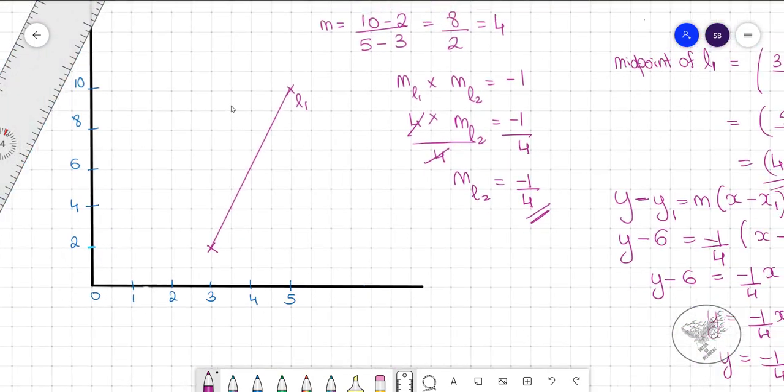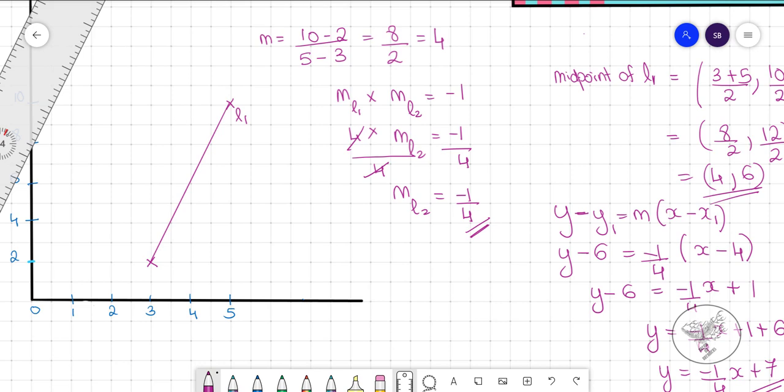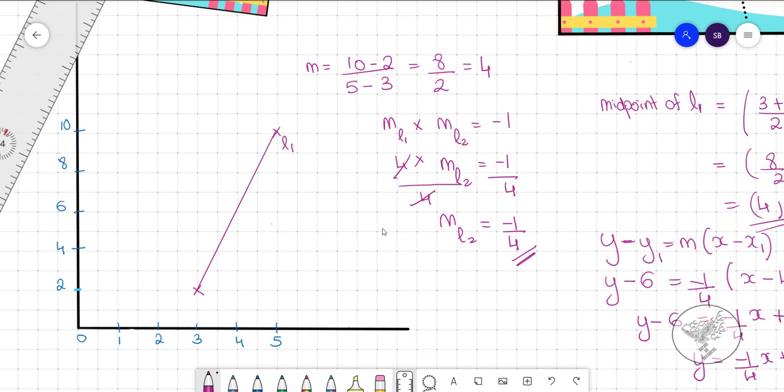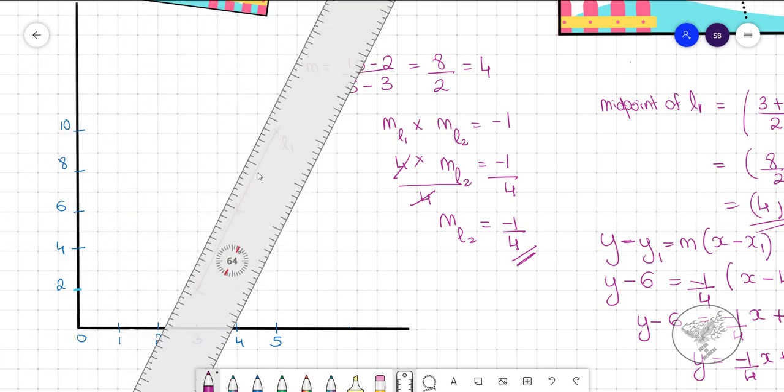So if I want to put this into a graph format, see the line cuts the point 4 comma 6. 4 is here, 6 is somewhere here. So this is 4 comma 6, that's the midpoint.